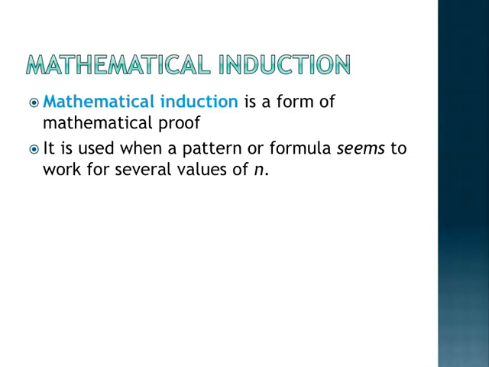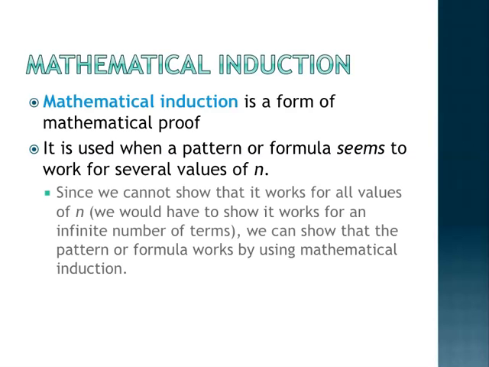So since we're not going to be able to show that for all values of n it's going to work, right? Because typically that means that you may need to show it from n all the way to infinity. We can use this type of proof in order to show that this pattern or this formula will continue to work by this method of proof, mathematical induction.